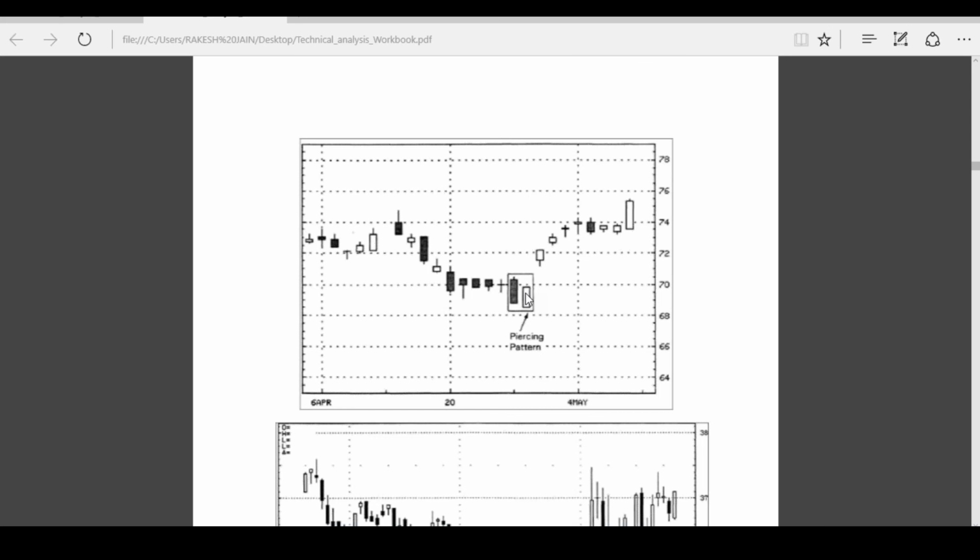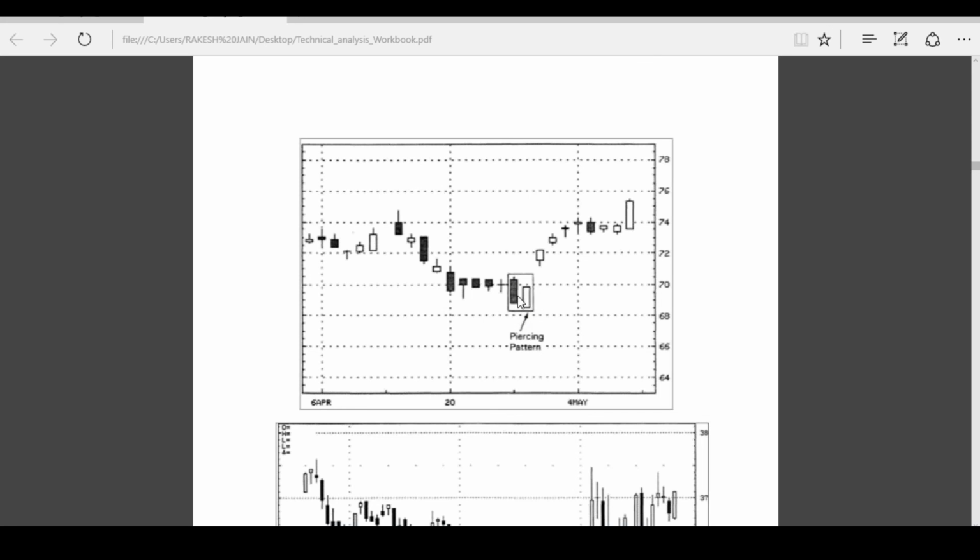When it's an uptrend, it's a white and then it's a black. Then it's called a dark cloud cover. Same, but it's the opposite candle. It's the white one first, black next, and it's called a dark cloud cover.